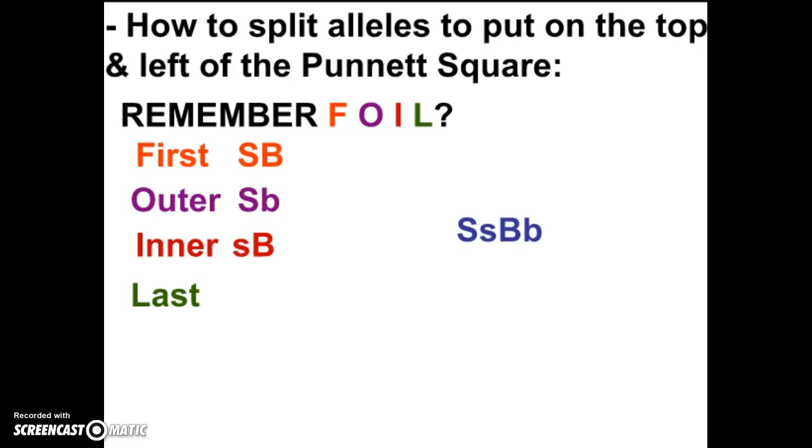The inner of both pairs, or the inside letters, is going to be lowercase s, capital B. And the last in each pair is going to be lowercase s, lowercase b. So those are the allele pairs that we can put along the outside of the boxes.